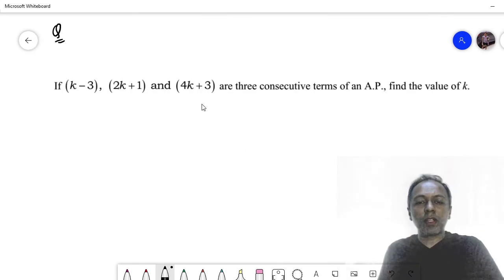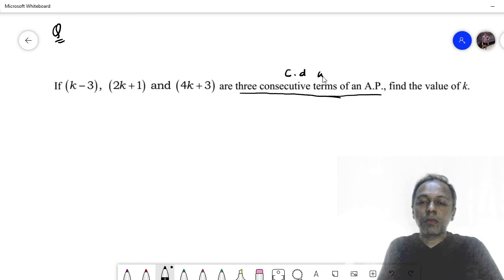k plus 3, 2k plus 1 and 4k plus 3 are three consecutive terms of an AP. This is important, consecutive terms. So we immediately understand that the common differences are equal. Find the value of k. So we can see this is the first term, this is second term, and this is third term.